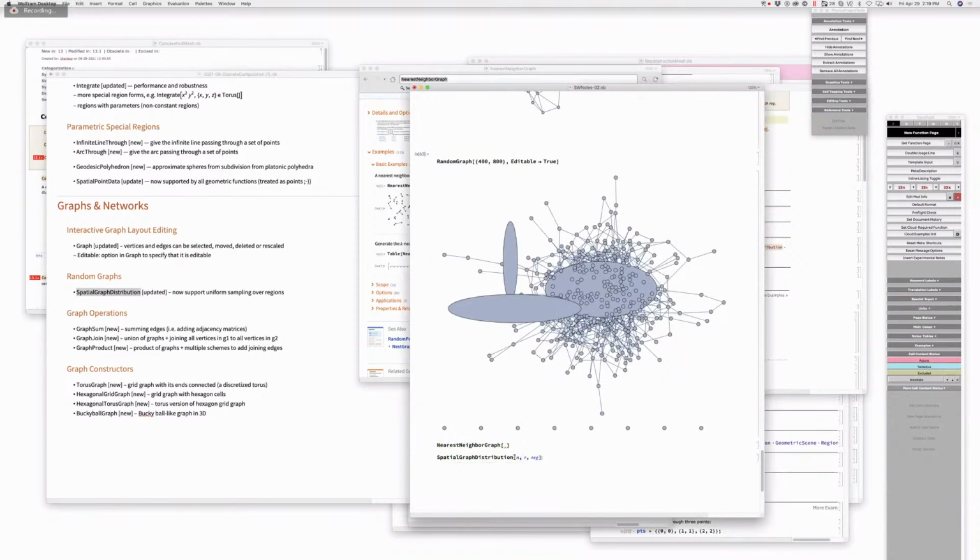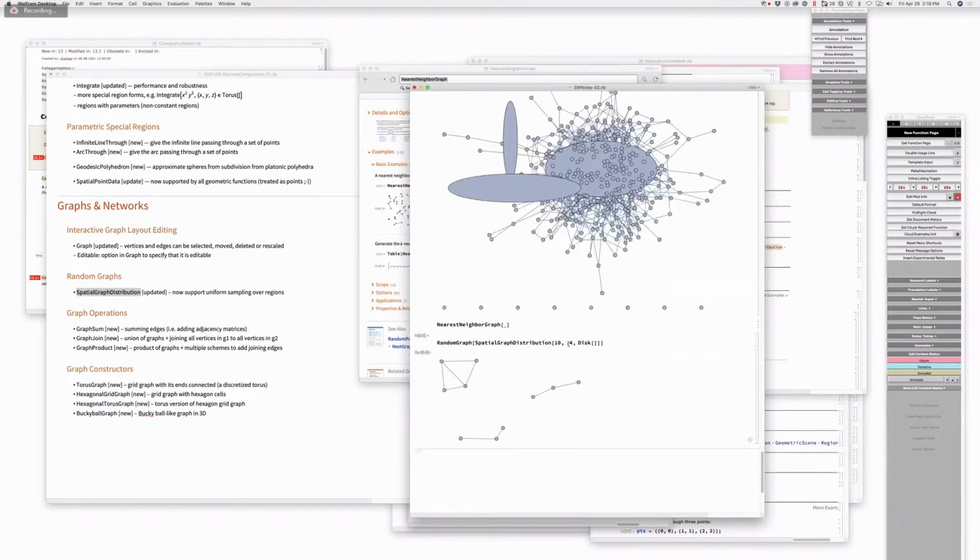So you're saying in this case here that I say, what is, I mean, I don't understand. 10.1.4, right? And then you put disk. And then you do random graph around it. So if I make this like 100 or something.